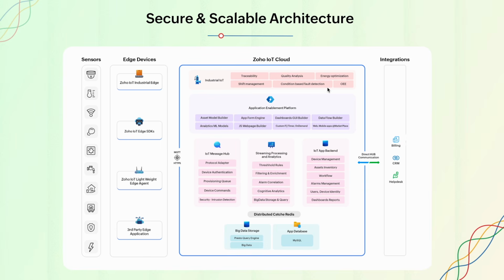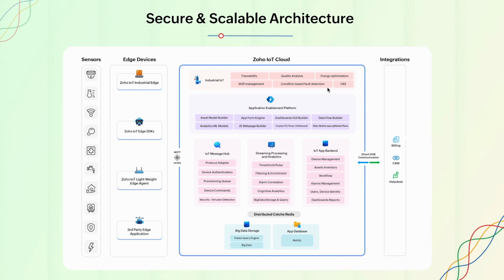We have taken three principles while architecting the entire solution: scalability, modularity, and real-time responsiveness. For providing these, we have segregated multiple services. The IoT Message Hub connects devices in a bidirectional way for various kinds of protocols, and it handles secure connectivity through device authentication.